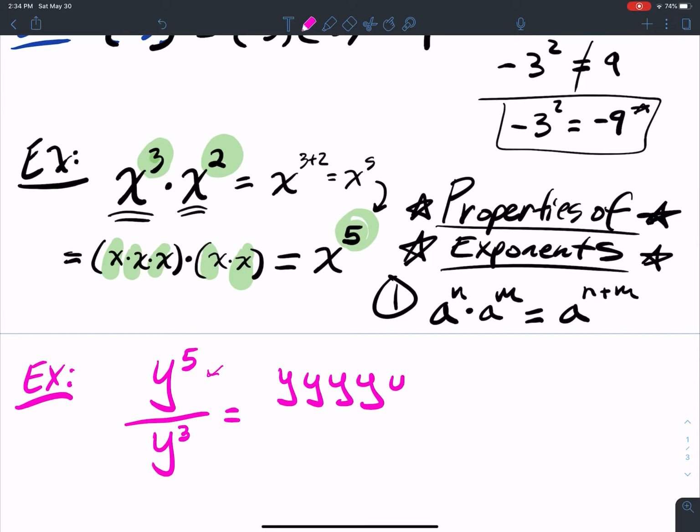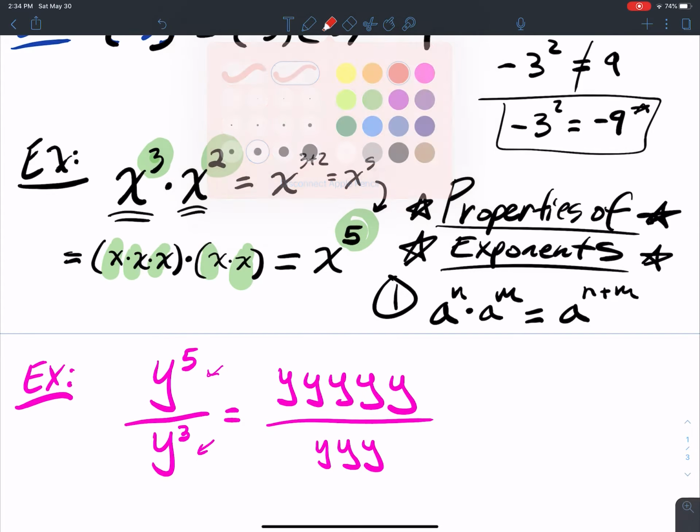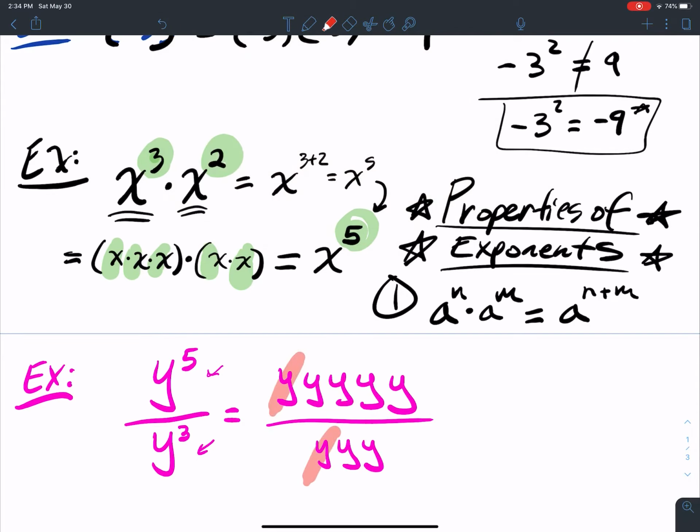Why am I taking this class, right? Divided by how many y's in the denominator? Y here. Okay. When I look at this, I see that y cancels with this y here. This y is going to cancel with that y. And then that y cancels with that y there. And so what am I left with?